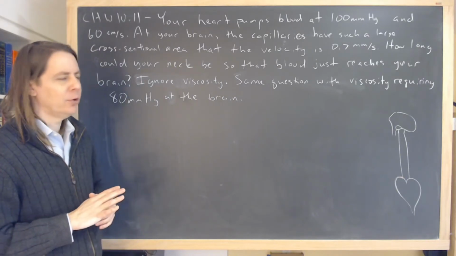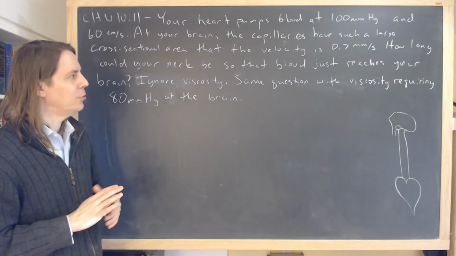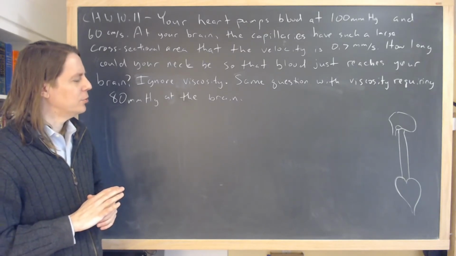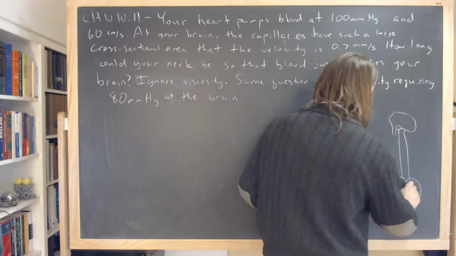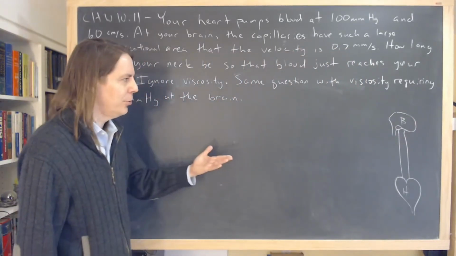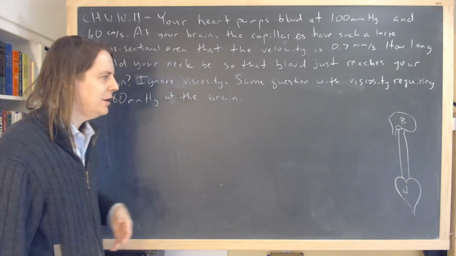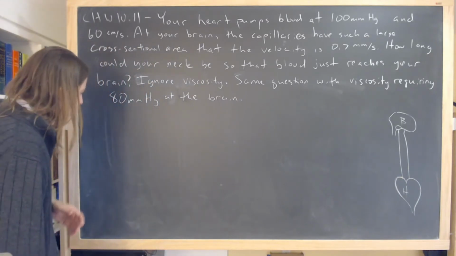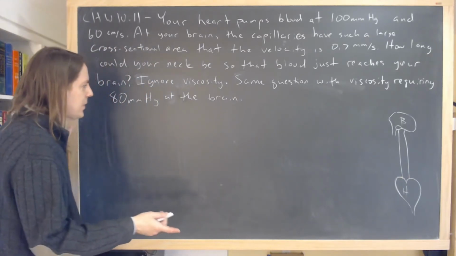So blood is flowing. This is a flow problem. So let's see. We have the heart here. We'll do H and B for our subscripts. And we're just going to apply Bernoulli's formula because we have this expression, it must be constant anywhere in the flow. And what is it?